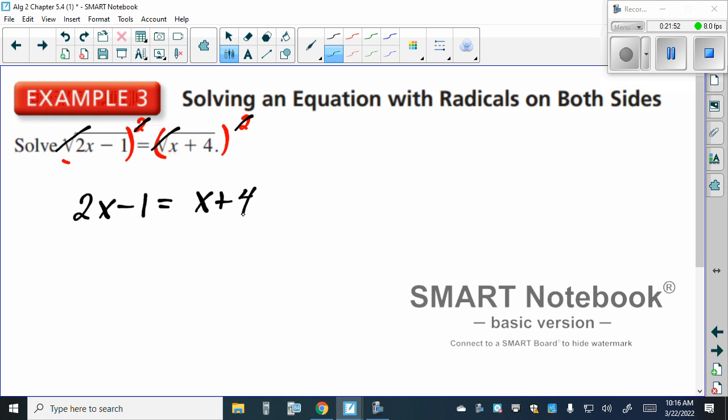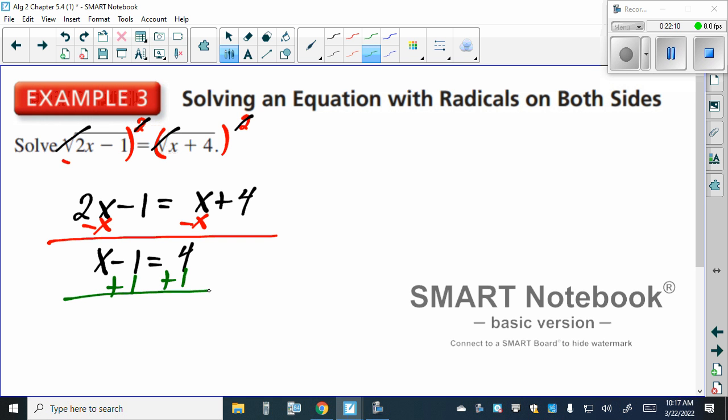Questions on this here? Yes, we can subtract x from both sides. Well, 2x minus x is x. And we have our minus 1 is equal to 4. At this point here we can add 1 to both sides, telling us x is equal to 5.